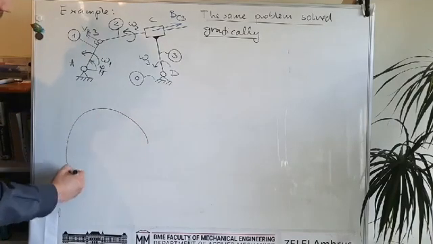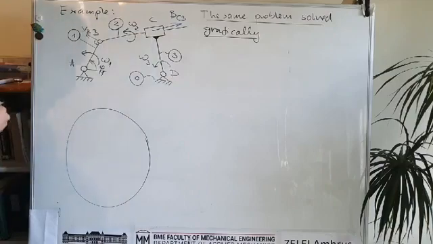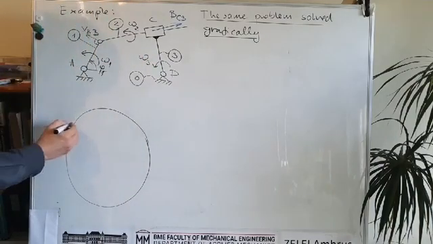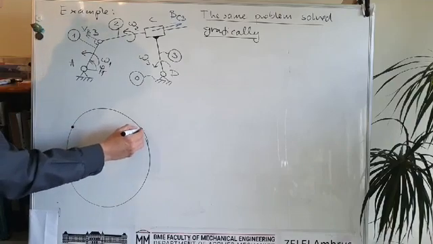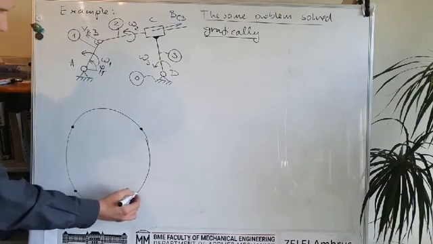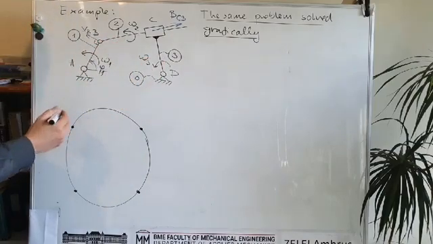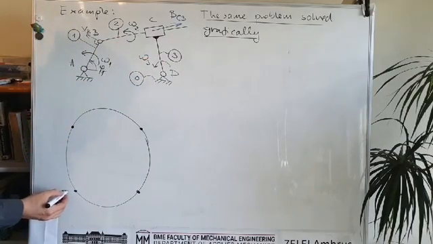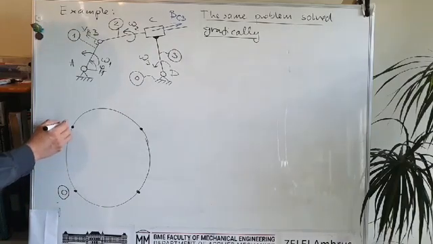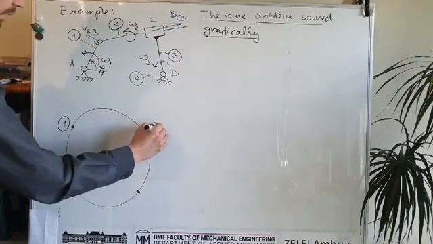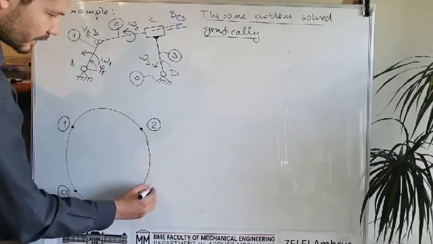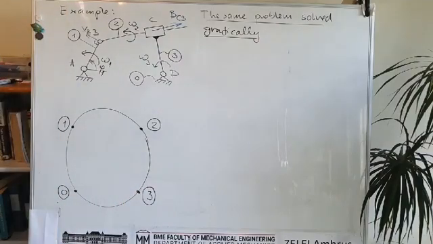So I'm drawing a circle which represents the whole mechanism, and again we will have 4 points because there are 4 links in the mechanism, and the numbering will be 0, 1, 2 and 3. So this is the mechanism itself.